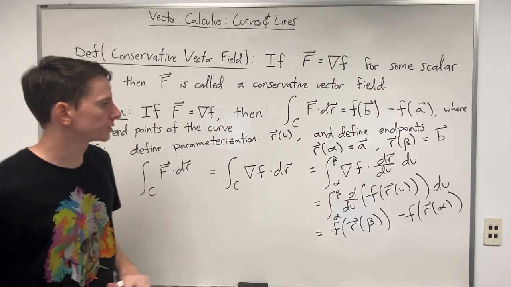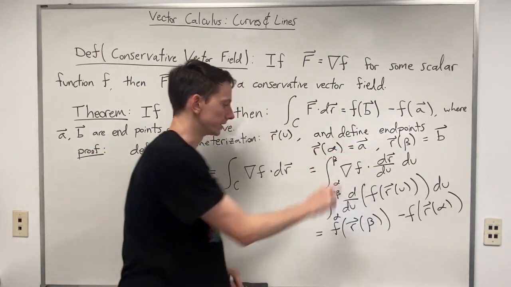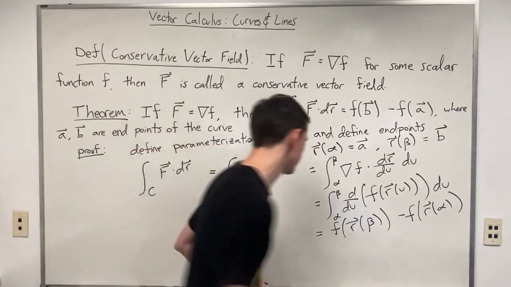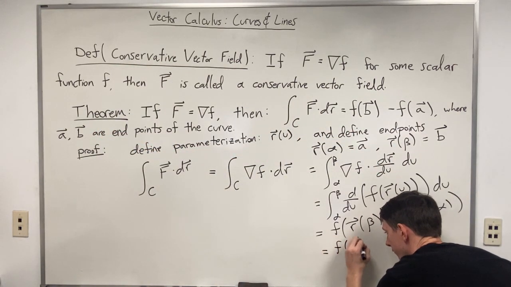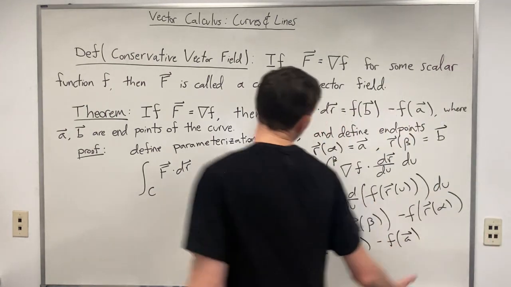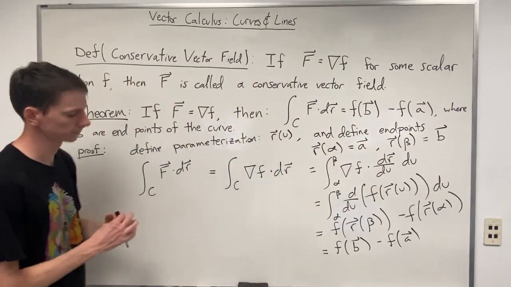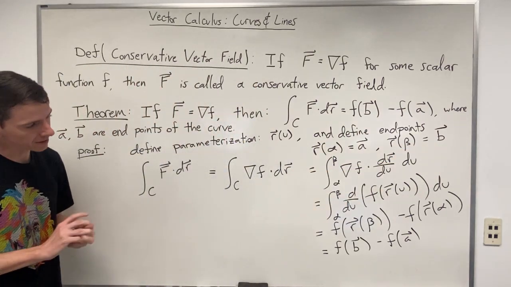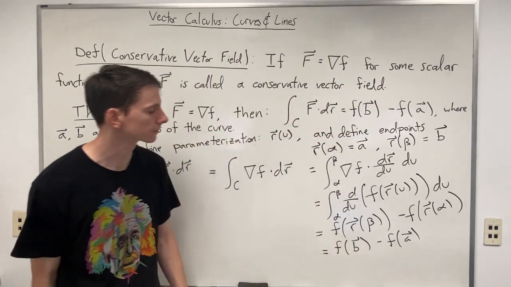And then we've already specified that r of beta is just b and r of alpha is a. So we could just rewrite this line now as saying this is just f of b minus f of a. And that's what we were trying to get right here. Right? So hopefully that makes sense. For conservative vector fields, you can always do this.